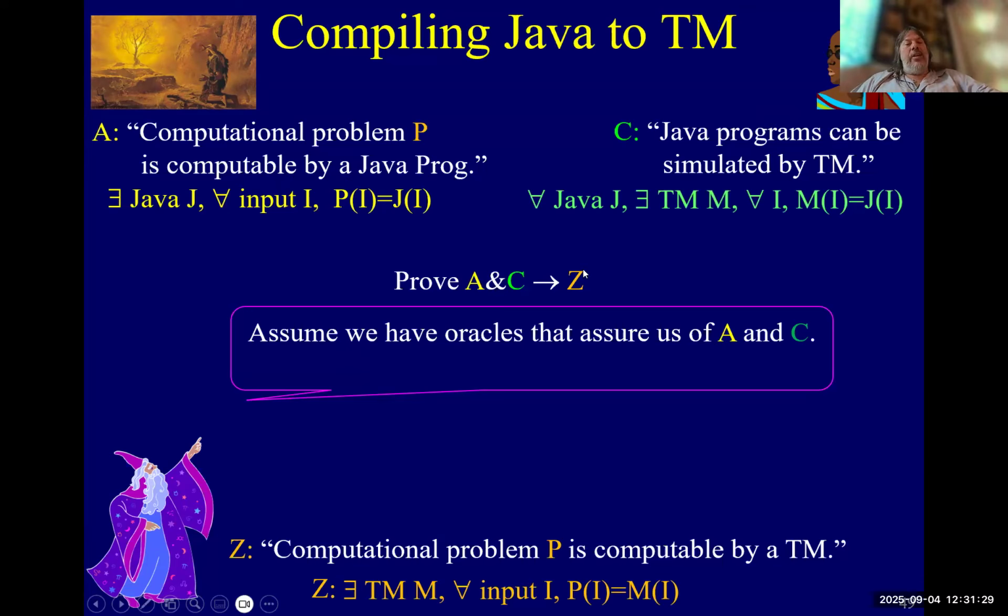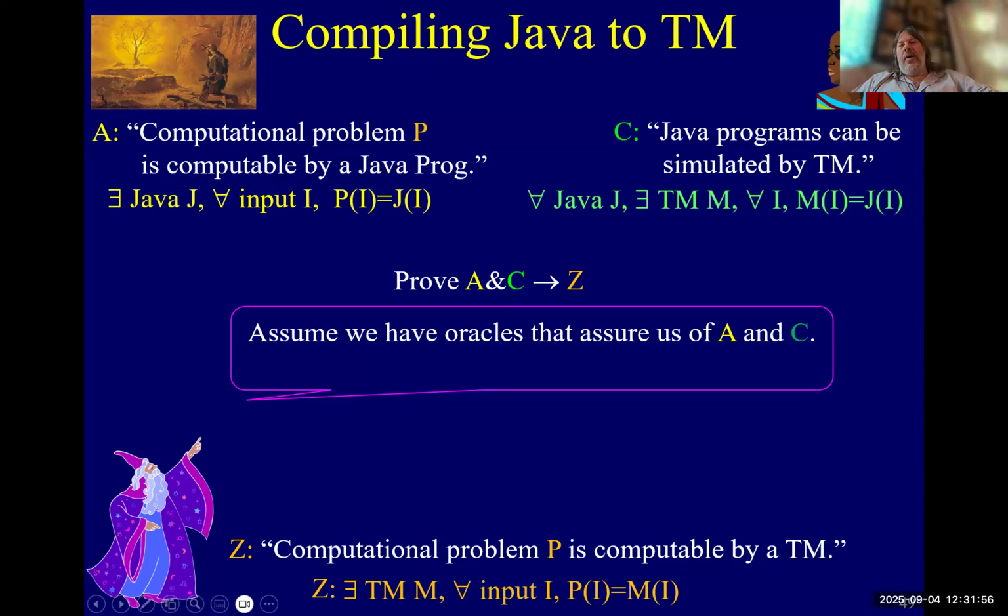Well, if you've taken logic, you know how to prove implies. You assume the left-hand side, all right? So that's here. We're assuming A is true. We're assuming C is true. And when we assume they're true, we're going to have helpers. So here's an oracle, a burning bush that is going to assure us that A is true.